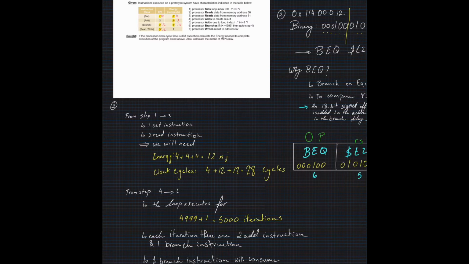And these values right there are in nanojoules and cycles. And then from step 4 to 6, the loop executes for 4,999 plus 1, which is 5,000 iterations.